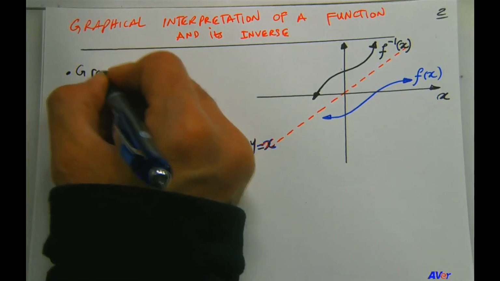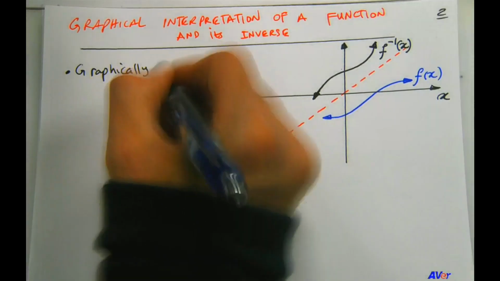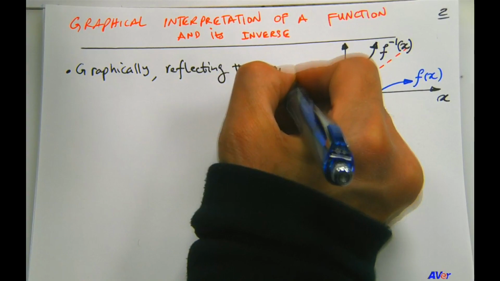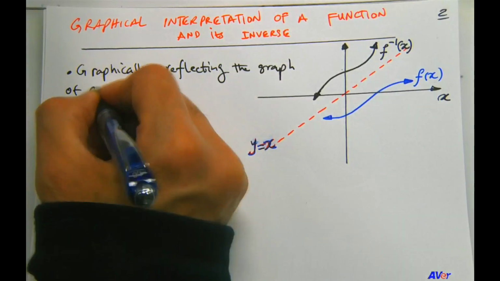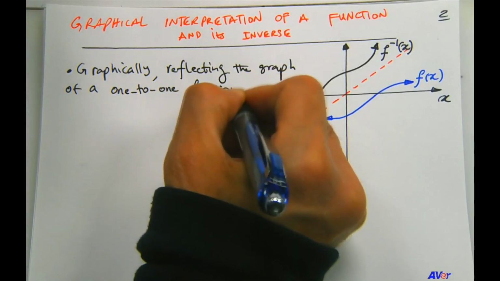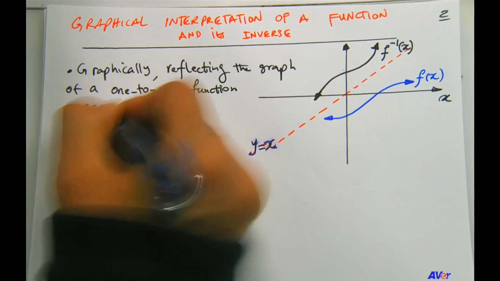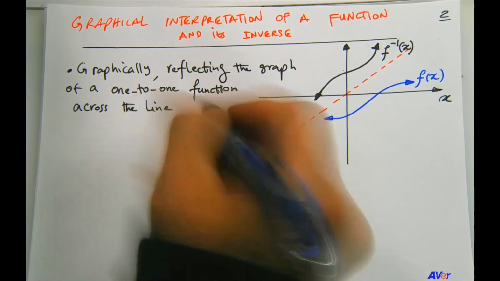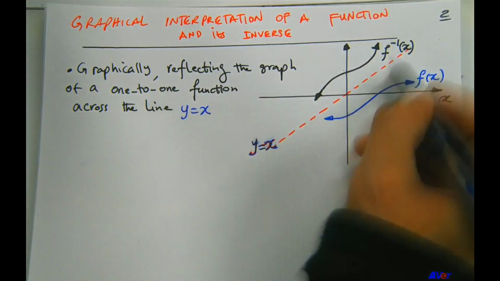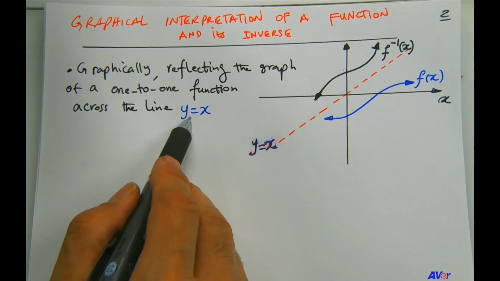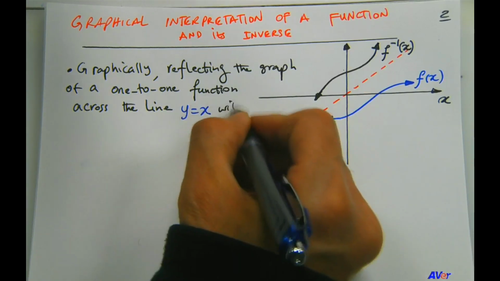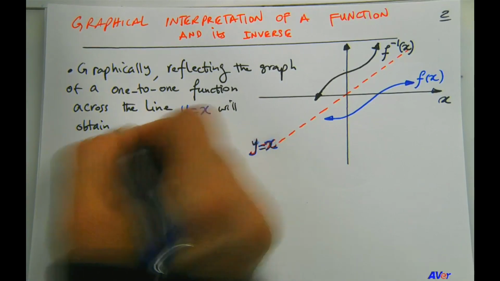Graphically, reflecting the graph of a one-to-one function across the line y equals x will obtain the graph of the inverse function. Again, that dashed line is meant to represent the line where all the x and y coordinates are equal to each other.